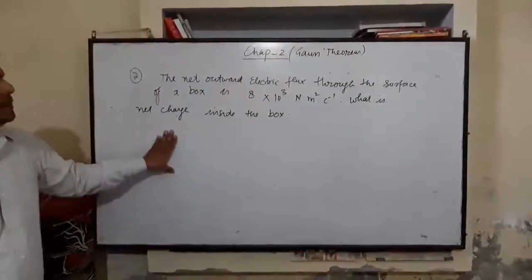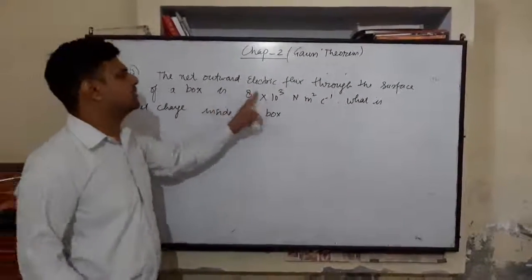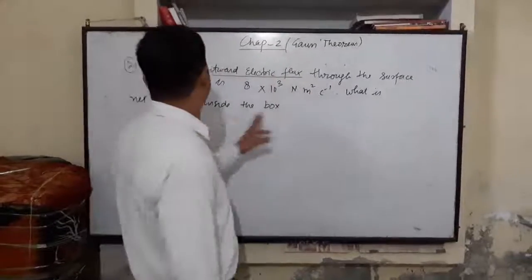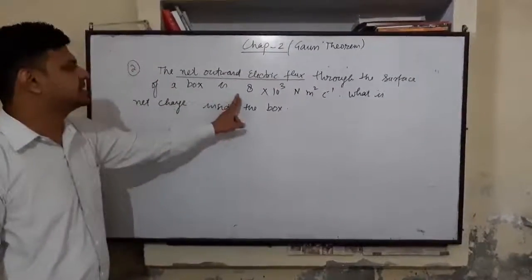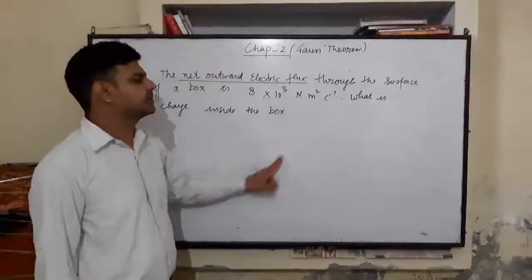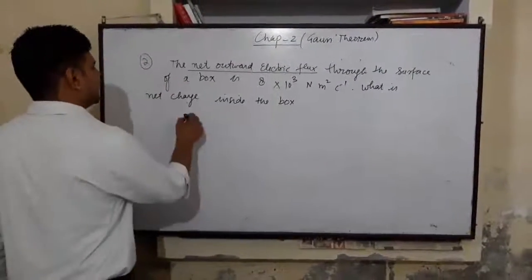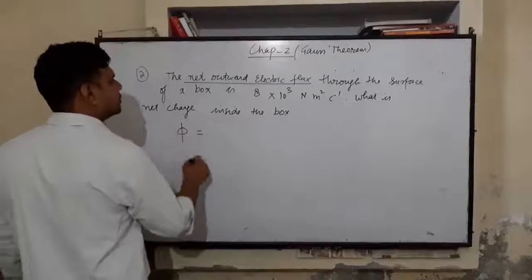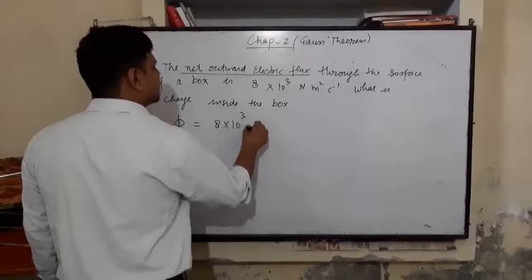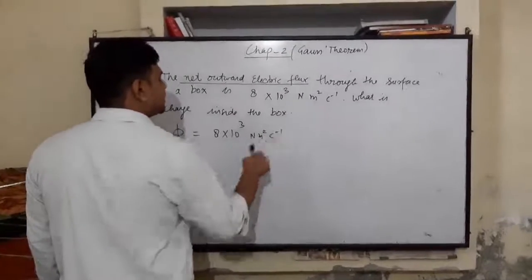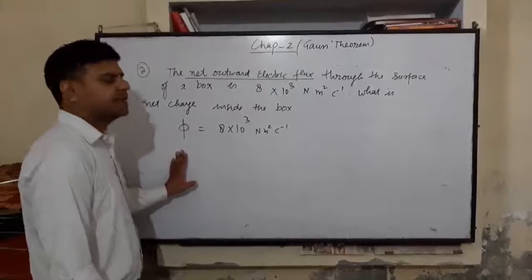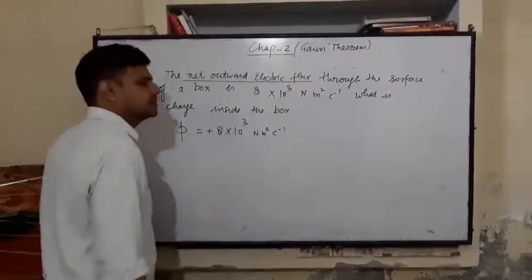Now the second question: the net outward flux through the surface of a box is 8 into 10 to the power 3 Newton meter square Coulomb inverse. This is the value of electric flux, phi is equal to 8 into 10 to the power 3, and this flux is outward, so we will take it as positive flux.